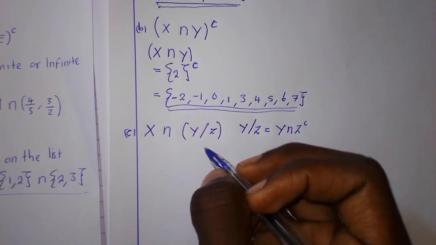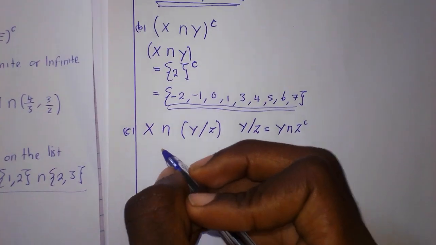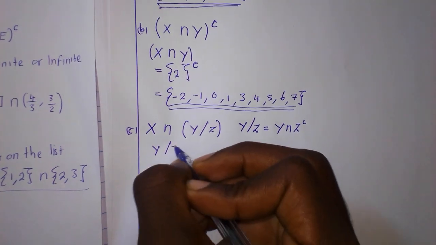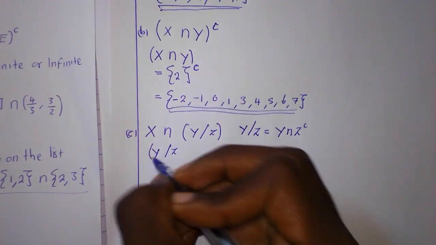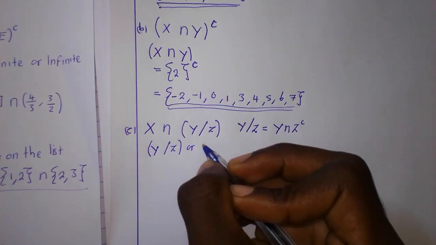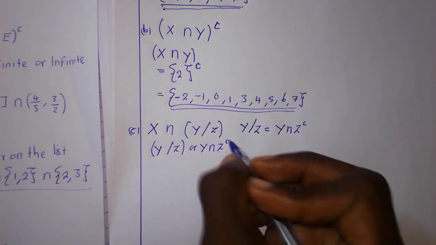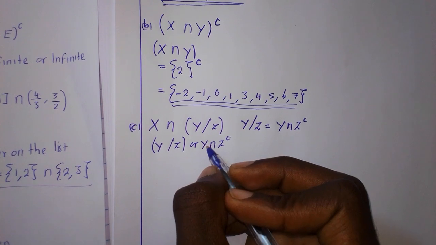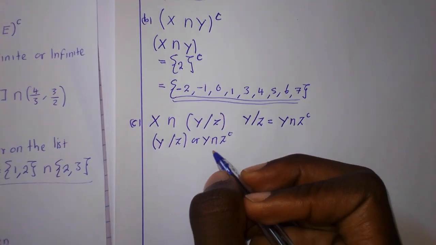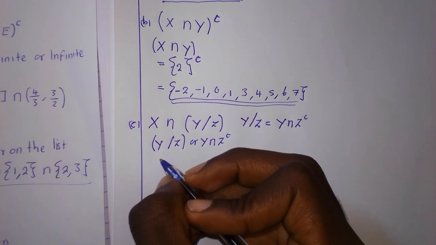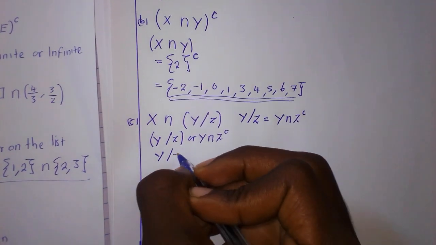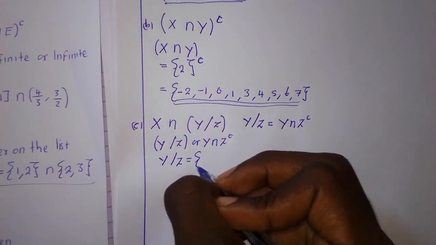We first of all work out what is in the brackets. So now, Y slash Z or Y intersection Z complement, this simply means that we get all the values that are in Y which are not in Z.